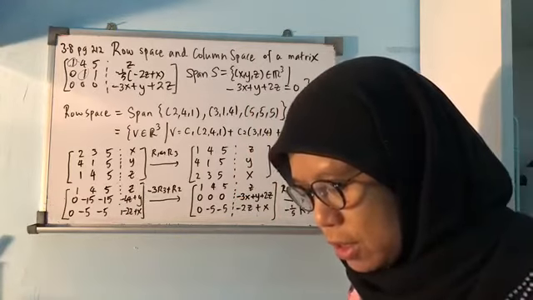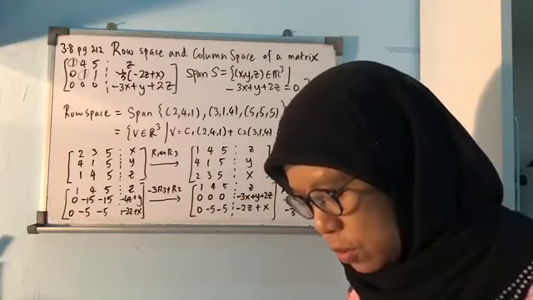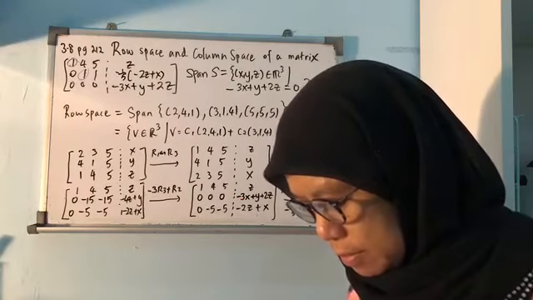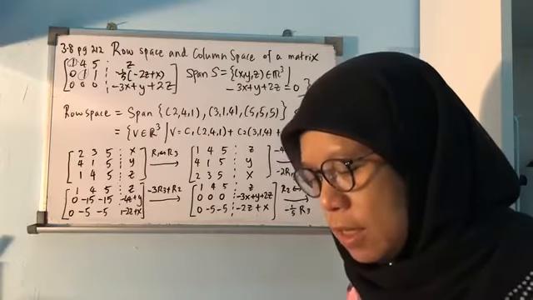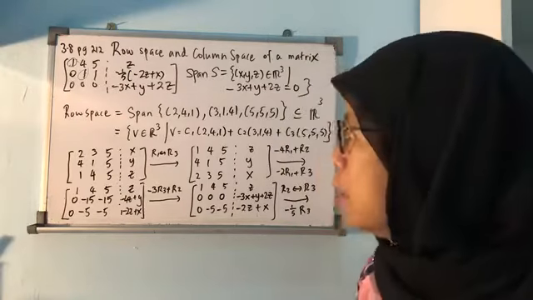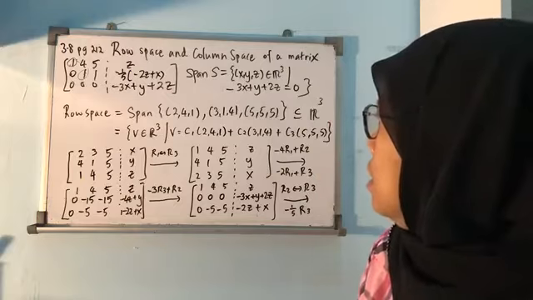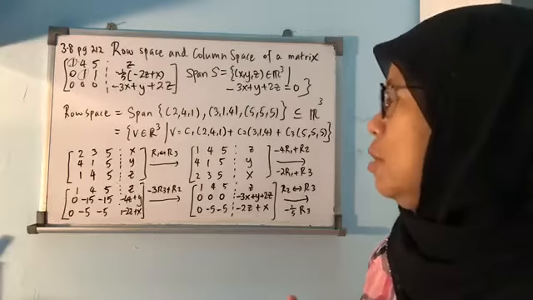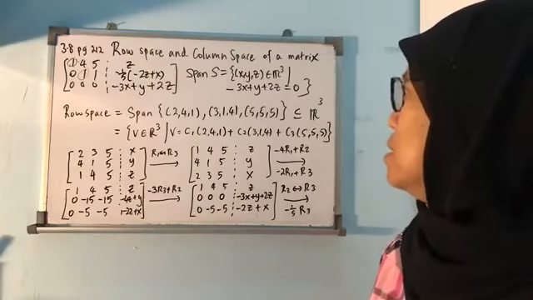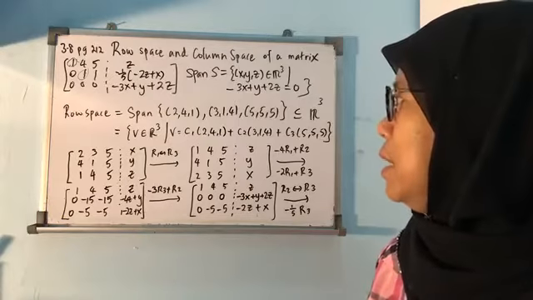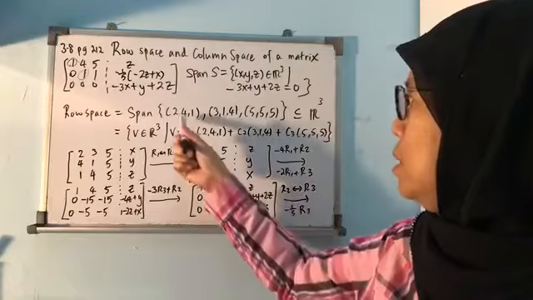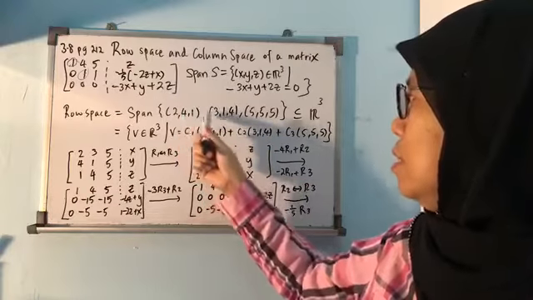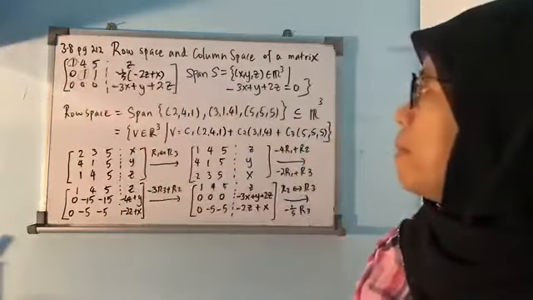So the question is, what is the row space? Now, if I ask you, what is the basis of the row space? The basis of the row space will be these two, so you take from these two.